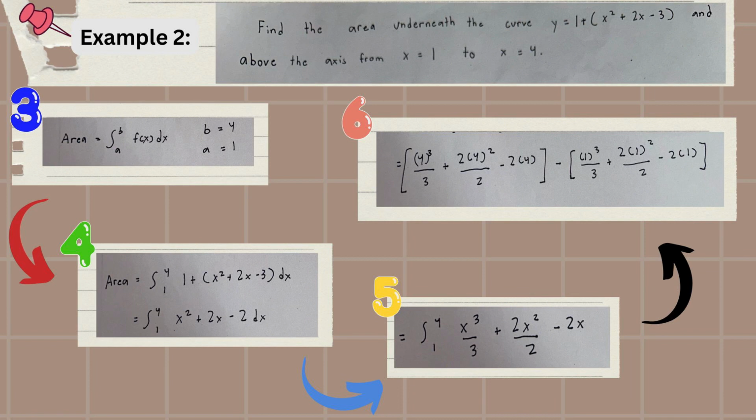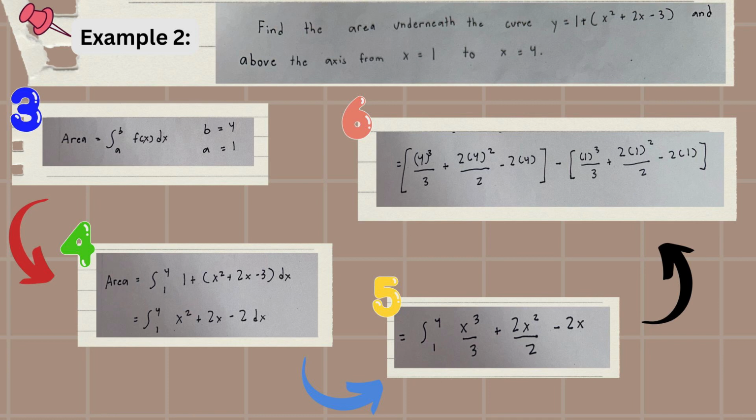First, we simplify. We add the 1 to the negative 3, so it will become negative 2. Then now we move on to the fifth step. As we can see, we find the antiderivative of the equation. It will become x cubed over 3 plus 2x squared over 2 minus 2x.